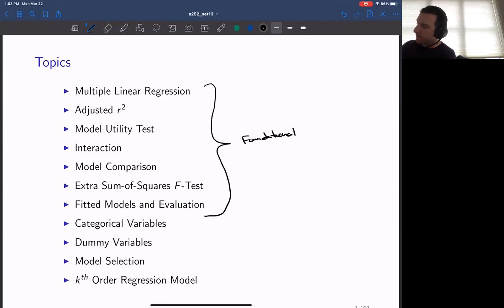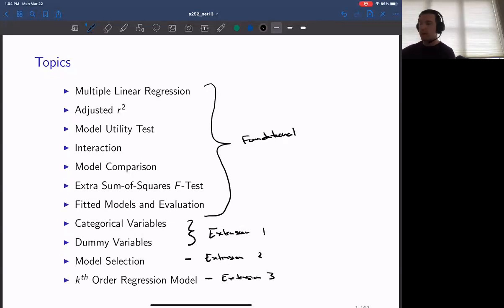And then we have three other topics, which are shown here. So this would be, let's say, extension 1, extension 2, and extension 3.